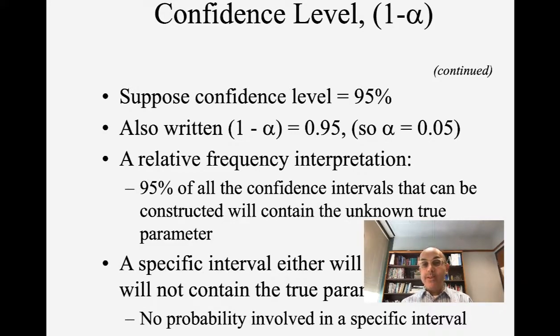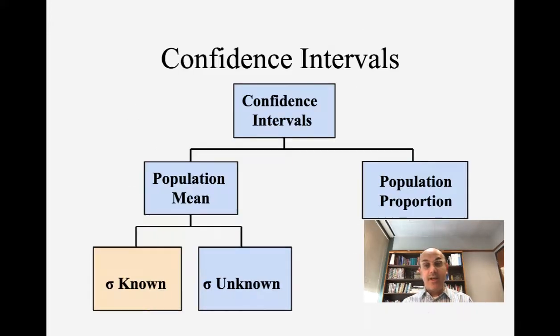For the relative frequency interpretation, I'm putting words here to make sure you understand that 95% of all confidence intervals that can be constructed will contain the unknown true population parameter, and a specific interval either will contain or will not contain the true value.